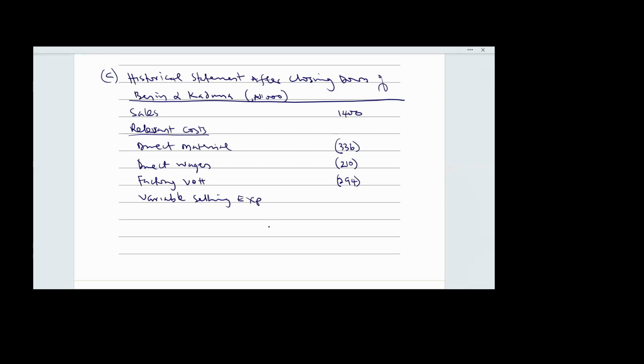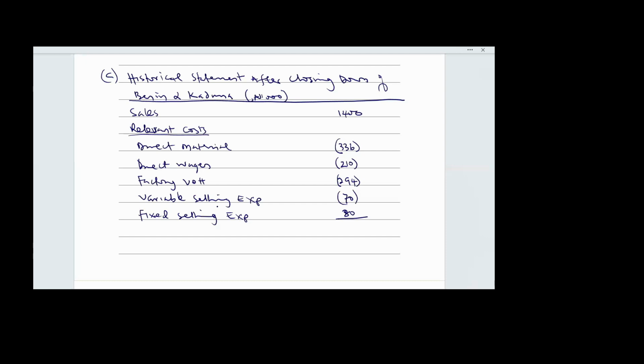How much is that? Take 96 or pardon? 70. 70, okay. Then we have factory fixed selling expenses, which is 80. Okay, I think that's all.